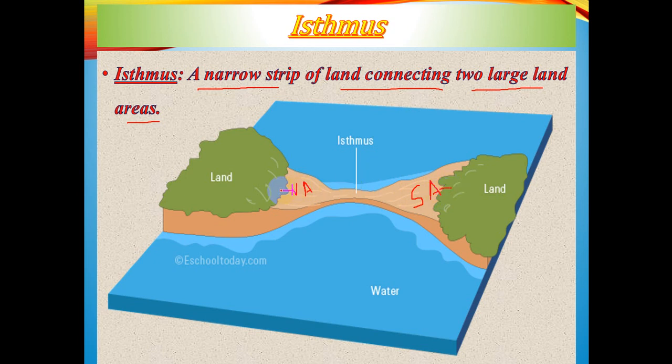Now when both the Americas are connected by a neck-like structure of land mass, that neck-like structure is termed as isthmus. So hopefully you can see the difference between strait and isthmus. A strait connects two land masses, that is a water channel, it is a water body, and an isthmus connects two land masses, that is land areas, a neck-like structure. So it is termed as isthmus.